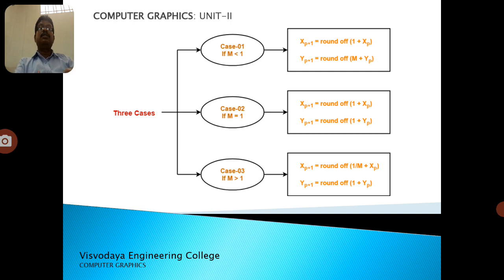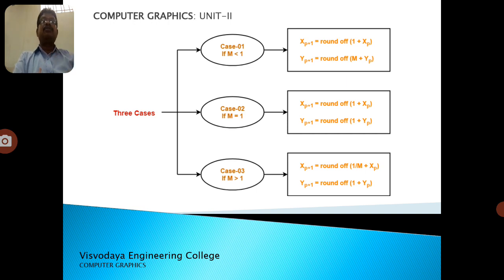How many coordinates we will find in between the starting and ending point is based on this: if the absolute of delta x is greater than absolute of delta y, then the number of steps equals delta x; or else, if the condition is not true, the number of steps equals delta y. Now coming to how we find the next coordinate, that is the next step. We find it based on a given condition of the m value, where m is the slope value.